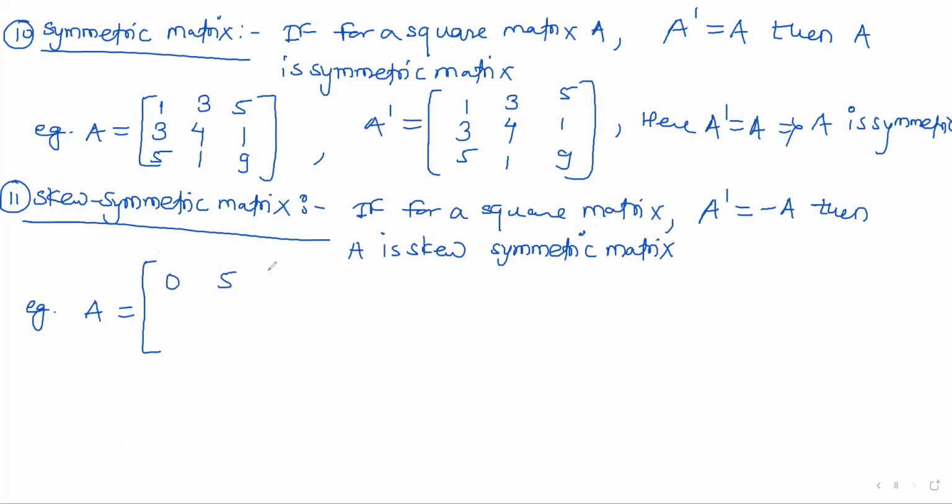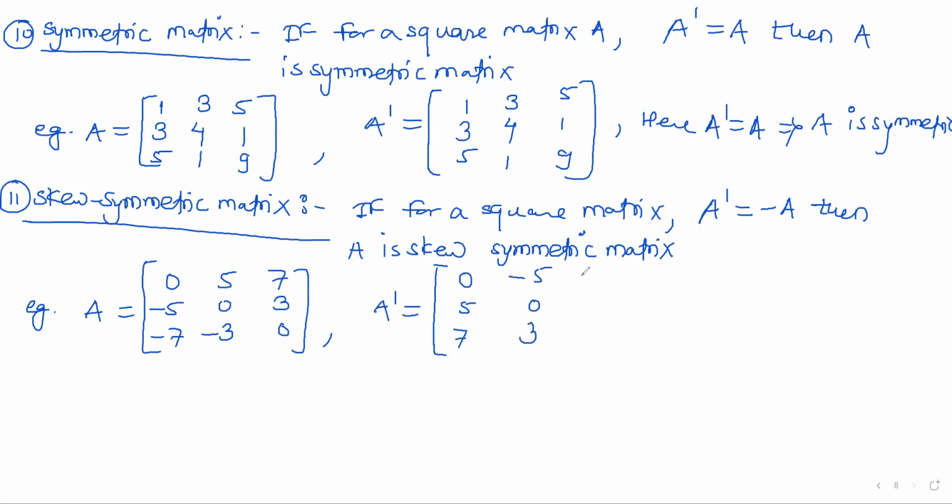For example, say A is equal to 0 5 7, minus 5 0 3, and minus 7, minus 3 and 0. If I find its A transpose, interchanging rows and columns, first row as first column, second row as second column, and third row as third column.